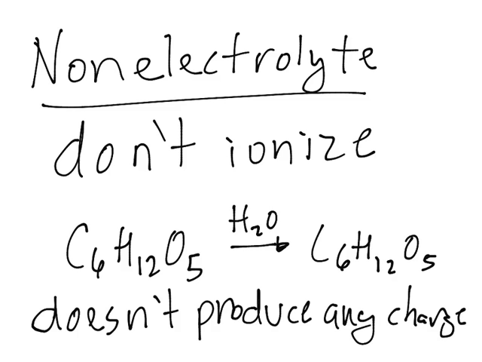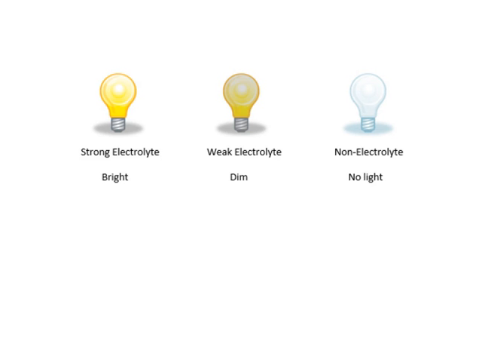Let's give you a way to remember this better. This picture has three light bulbs, and an electrolyte is able to carry charge, right? So if you think about it, a strong electrolyte will have a very bright light bulb.